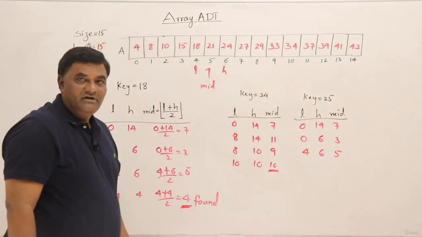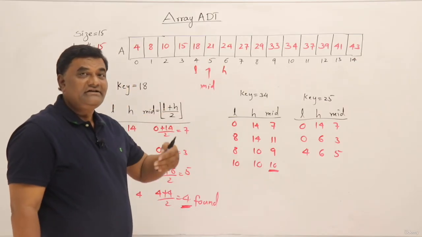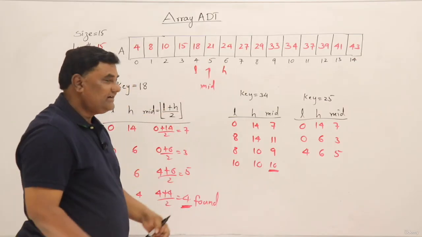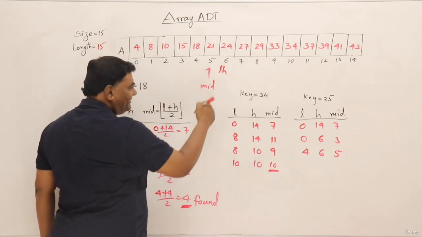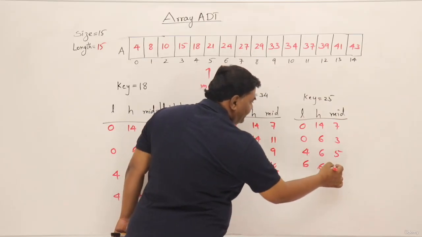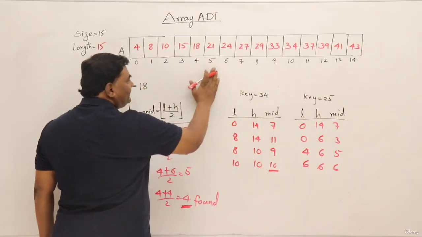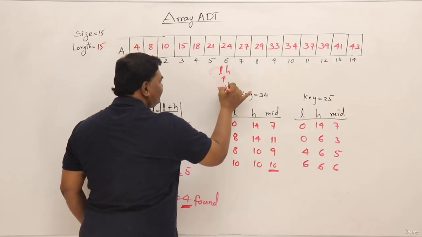So this is mid. Now, is it the number that we are searching for? 21? No. 25 is greater than that. So 25 is on the right hand side. So modify low, and low becomes 6, that is mid plus 1. So 5 plus 1, this is 6 and high is also 6. Find mid, this is 6. So right now, low and high and mid, all of them are on 6.